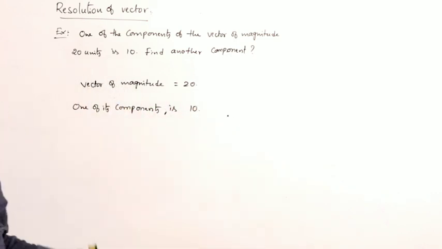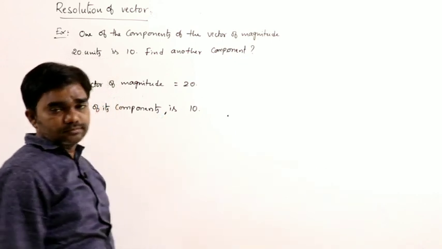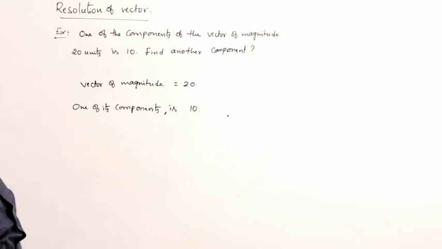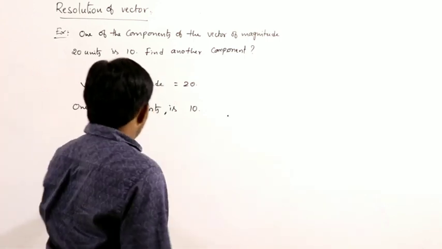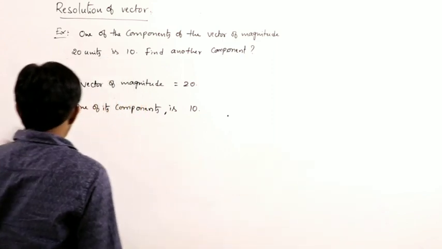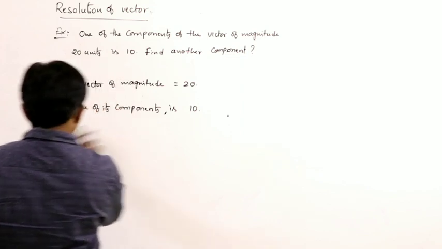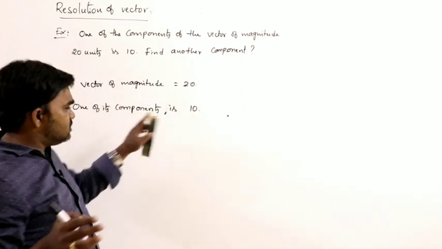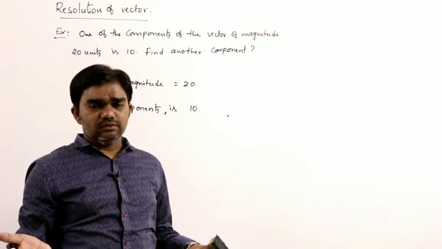We have to find the other component. How can we find the other component? That is the question here. Let us consider that the given component may be horizontal or vertical; any one we can consider.